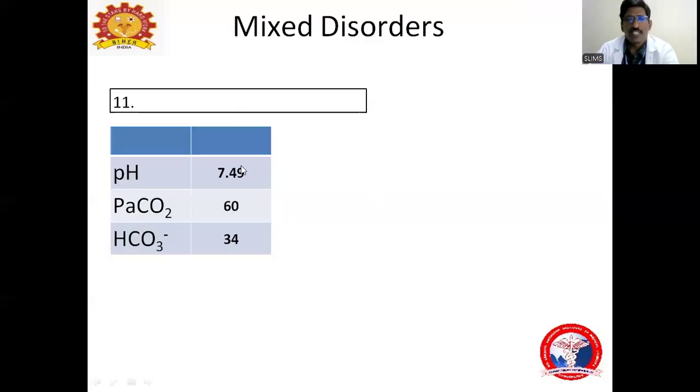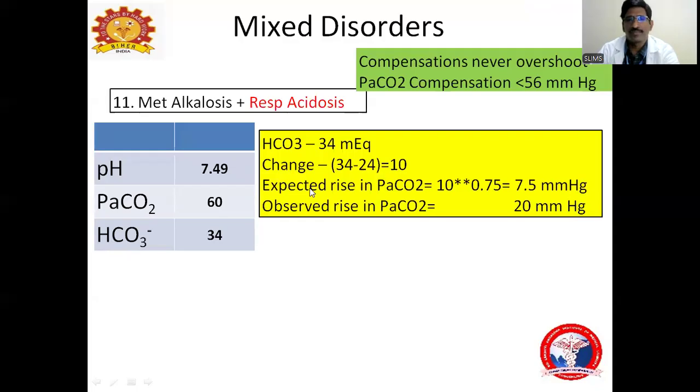Now look at this, it's the alkalotic end, but PaCO2 is raised, bicarbonate is also raised. So it looks like metabolic alkalosis, but we have to check. So 34 means there is a 10 difference in bicarbonate. So for every 10 rise, we expect 0.75 multiplication. So we expect the rise in PaCO2 to be 7.5.